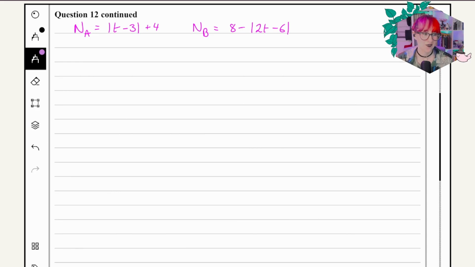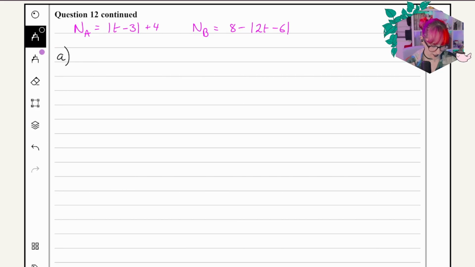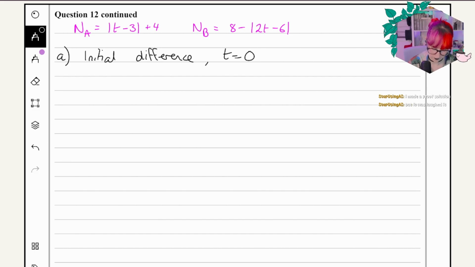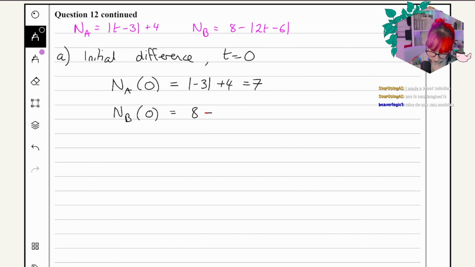Okay, so part A was find the initial difference. When t equals 0, NA of 0 is the modulus of −3 plus 4, which is 7. And NB of 0 is 8 minus the modulus of −6, which is 14.